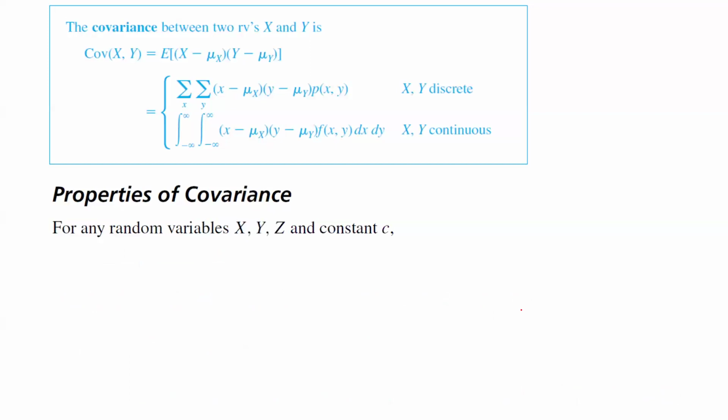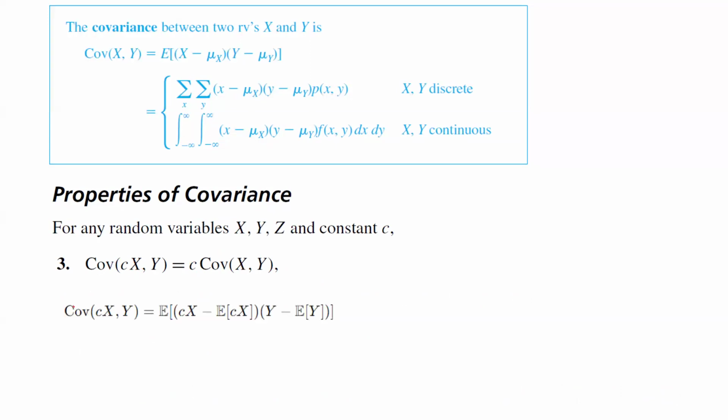The next property: the covariance of c times x and y can be written as c times the covariance of x and y. So if you multiply one of these variables by a constant like c, that constant goes in front of the covariance. Why is that? Remember the definition. The covariance of cx and y is the expected value of cx minus the expected value of cx times y minus the expected value of y.